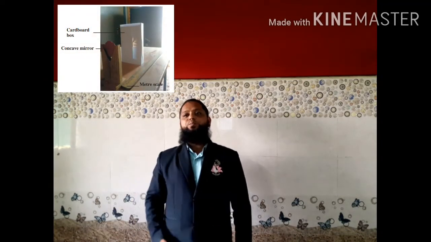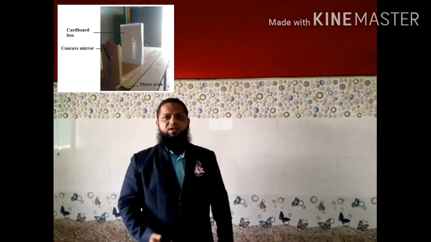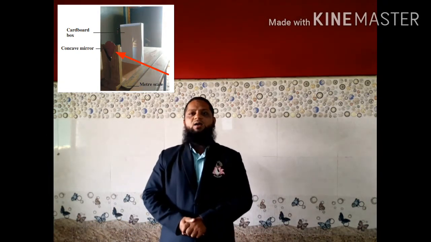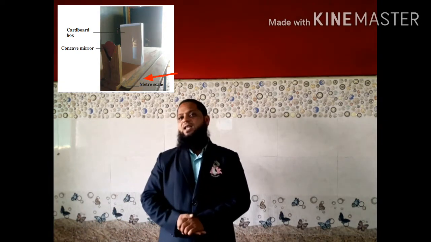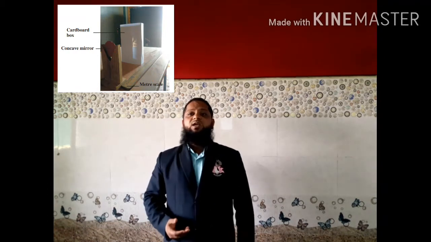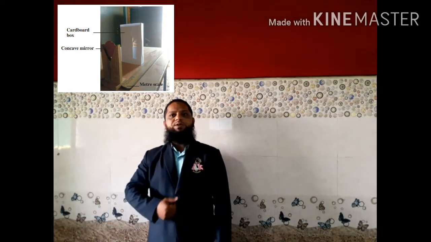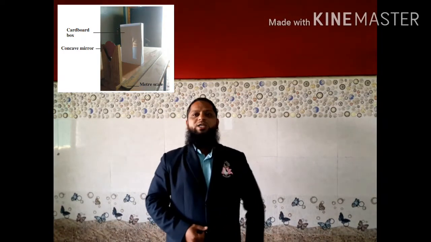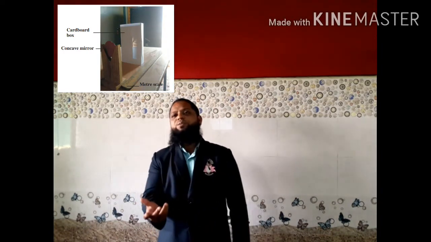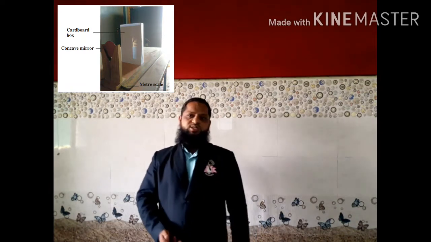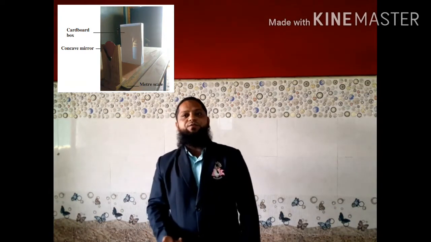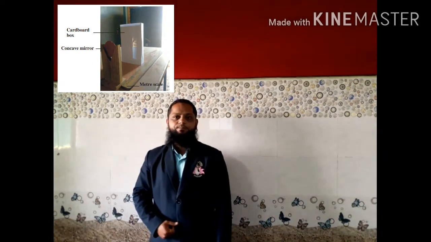In a dark room, place the mirror near the 0 mark on the meter scale. Place the screen in front of it and place the light source in between the two so that the distance between the mirror and the source is a little more than the focal length of the mirror.